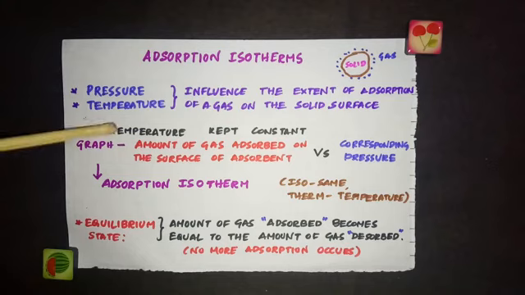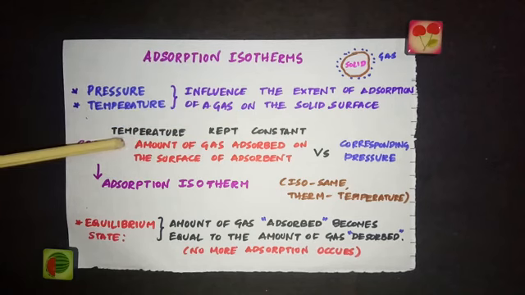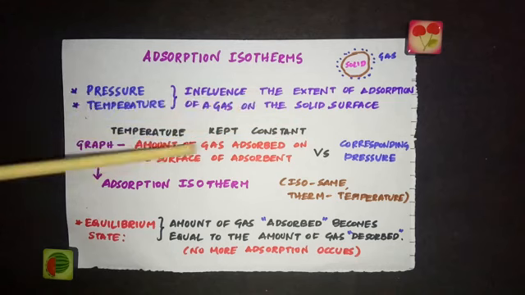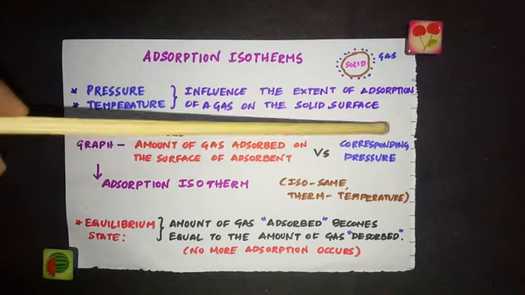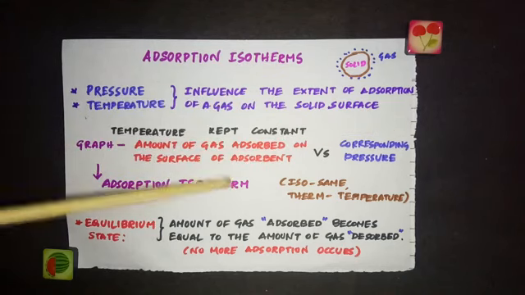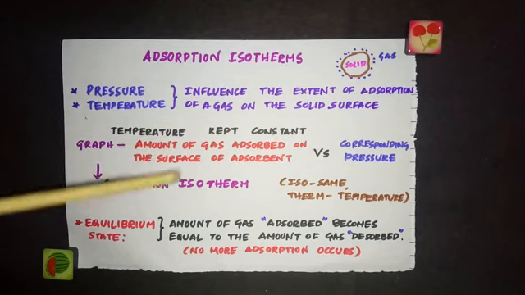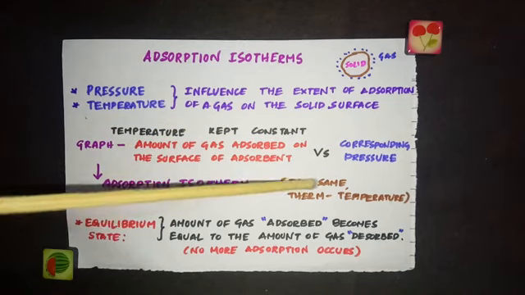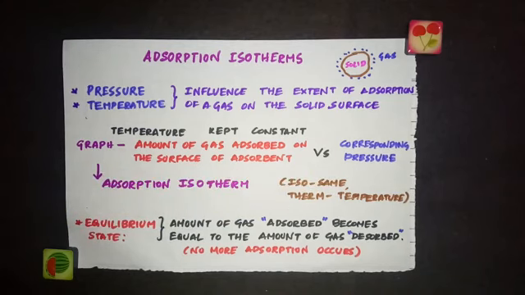Iso means same, therm means temperature. So you're keeping the temperature same, which means constant, and you're drawing the graph. So these graphs are called as adsorption isotherms.